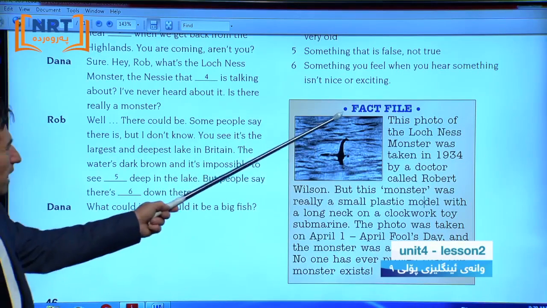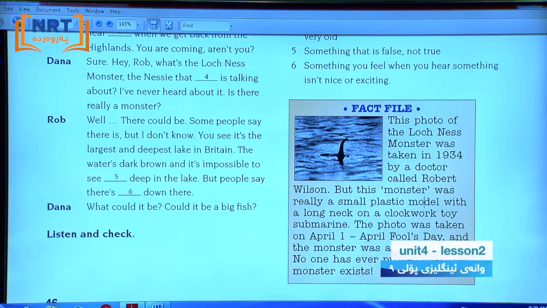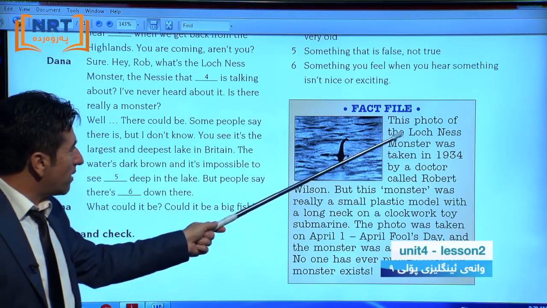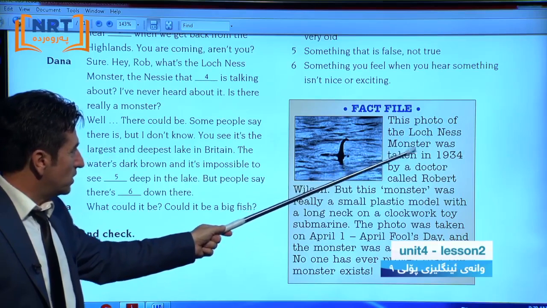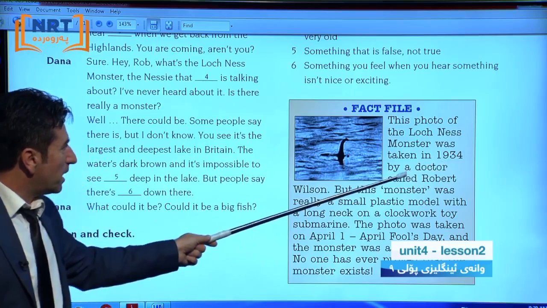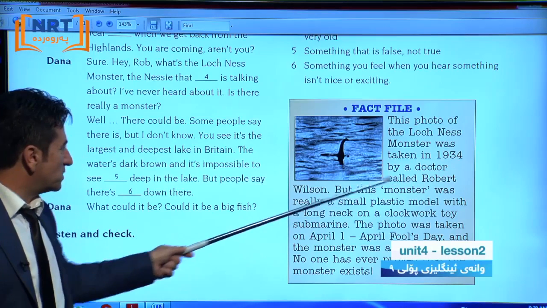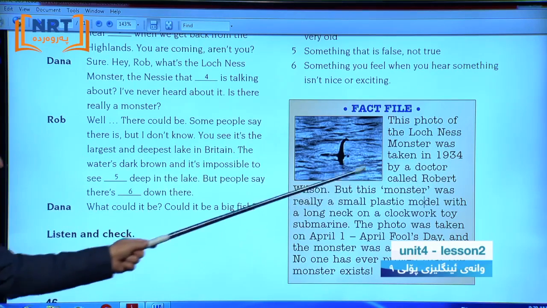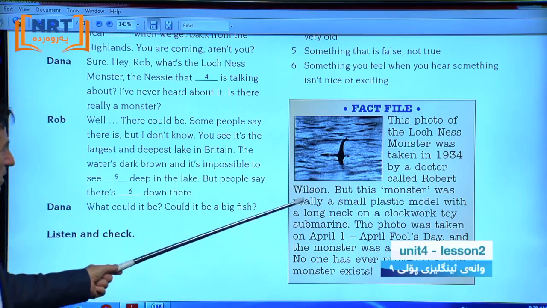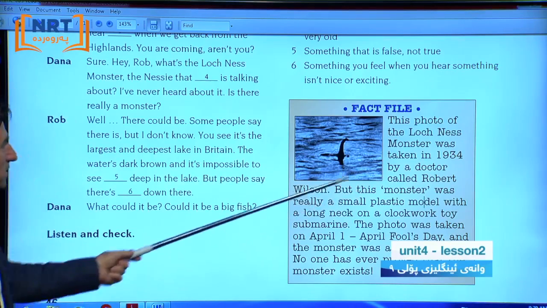Fact file. We are going to talk about the reality of this photo and of this superstition. Look here, this photo of the Loch Ness monster was taken in 1934 by a doctor called Robert Wilson.